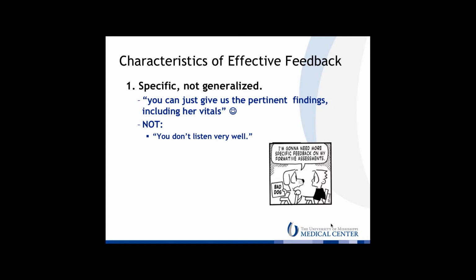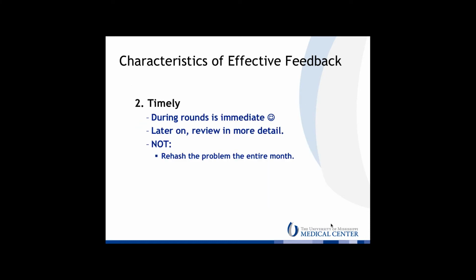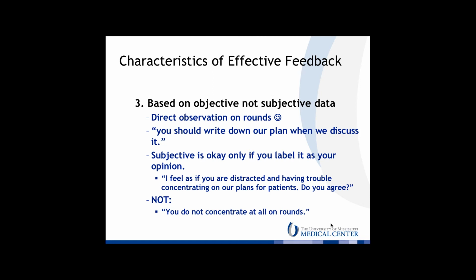So that was specific about how he wanted it presented. And then it was timely, like we already talked about. It was immediate, and later on you can go over it in more detail. It was based on objective, not subjective data, not on something he heard, but they were actually on rounds, and he had direct observation of all this.